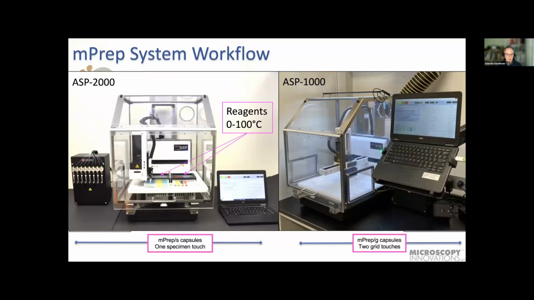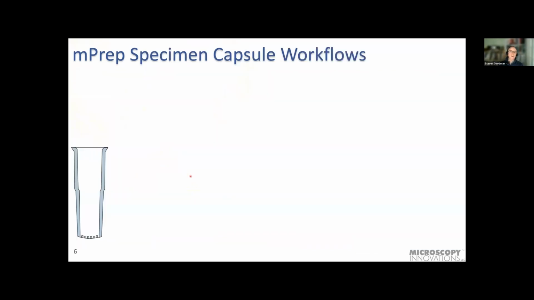The 2000 has heated and cooled reagent plates. So I want to talk a little bit about the capability of adapting workflows with the capsules. So I already showed where a specimen is entrapped with a screen, a single specimen with a screen.